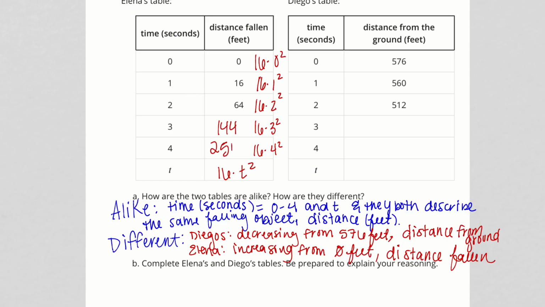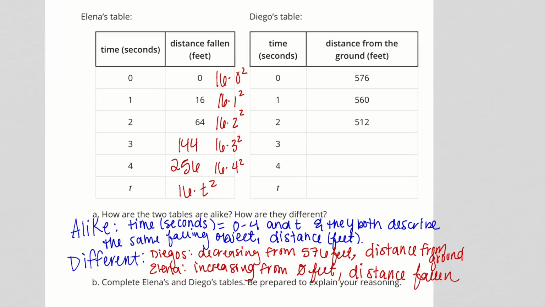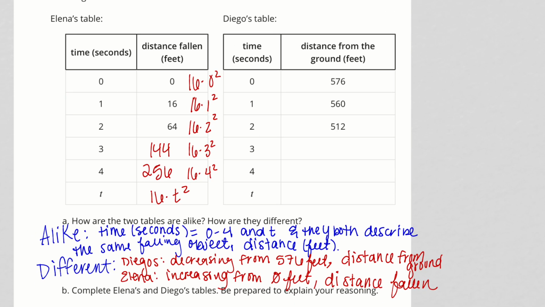Okay, what about Diego's table? What's happening here? Oh, I'm down by 16. So it went down by 16. So we went from 576 to 560. Okay, what do we do here? Minus 48. Did I count that wrong? Probably. No, that's right. I think you're right.